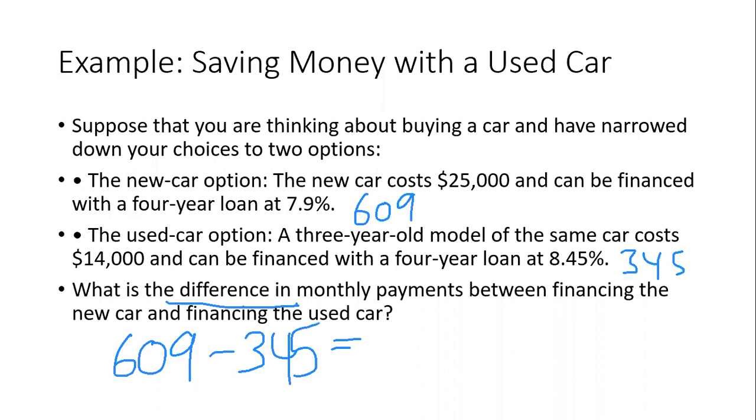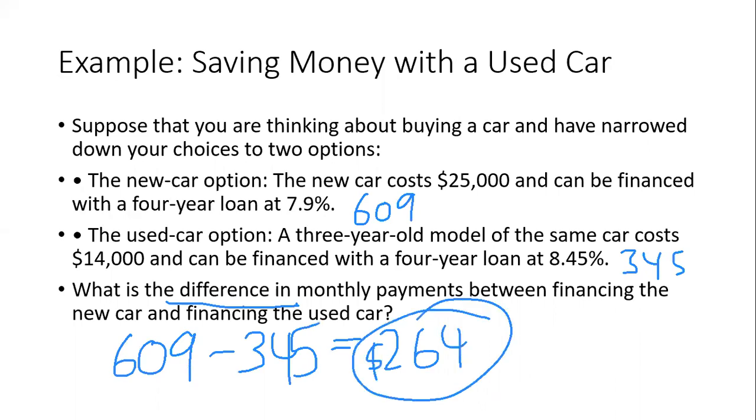So 609 minus 345, $264 difference. Even though the rate was a little higher for the used car, since it was significantly cheaper, the monthly payments ended up being significantly less.